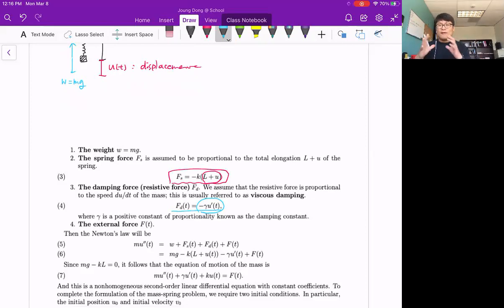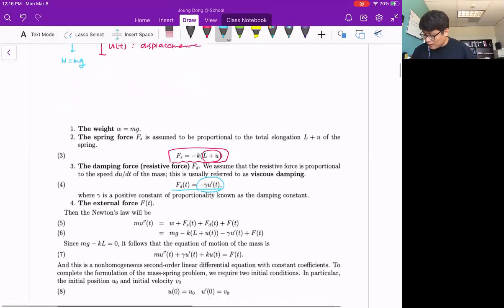And all those four forces apply to the final total force F, okay? So your total force F of t is equal to weight W, spring F of S, damping F of D, and the pull down force F, which we say is the external force, okay?